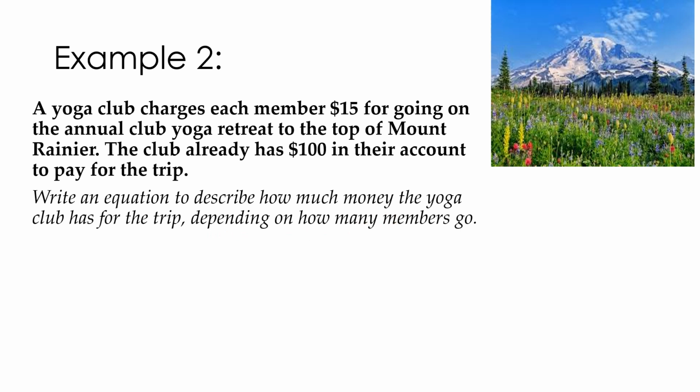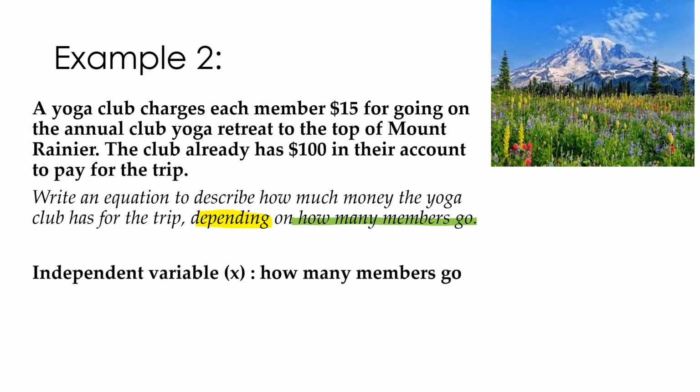So once again, I'm going to highlight this word depending and say, okay, depending on how many members go. If we're trying to depend on how many members go, that means that how many members go is independent of everything, right? We could have 5 members go, we could have 100 members go, but that doesn't really matter. So the independent variable is how many members go. Well, what depends on how many members go?